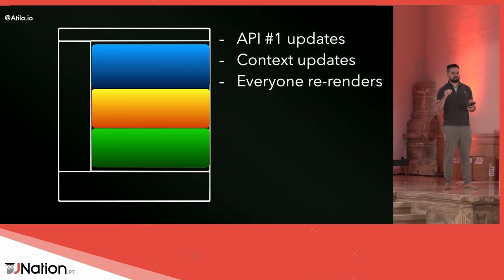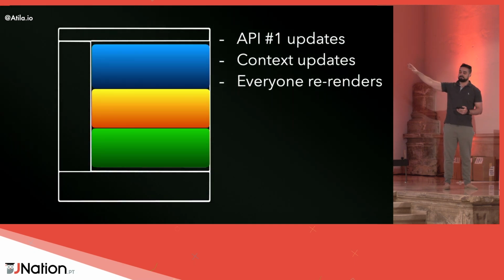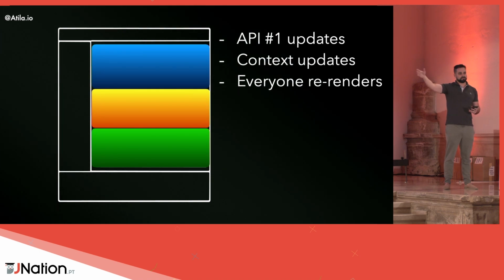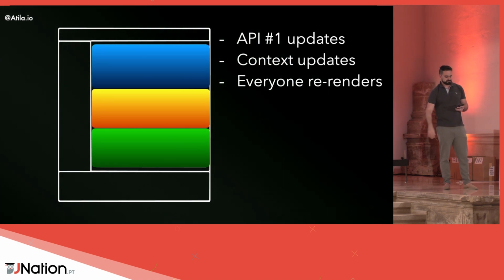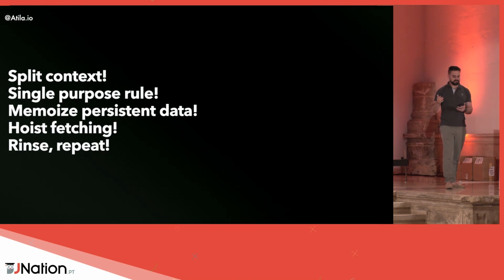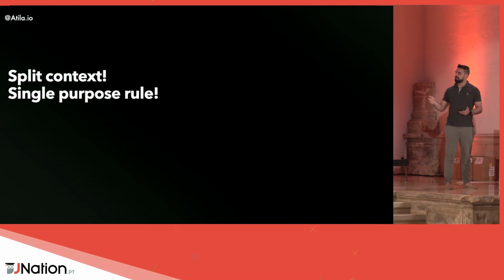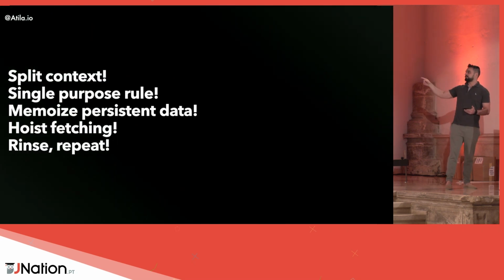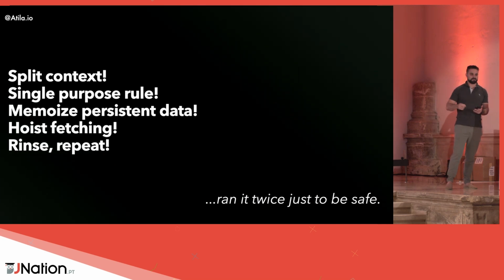And that means there's going to be one component that re-renders for no good reason. Nothing's going to happen. And then, yeah, I know what you're thinking: you split the context, you have a single-purpose rule. Yeah, and oh, yeah, I run it twice just to be safe.